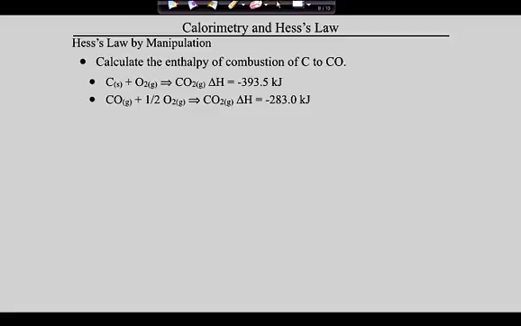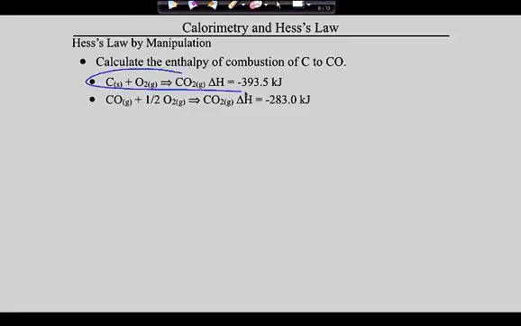So guys, let me ask you a question. If you were presented something like this on the AP test, how would you know that you can't do this? How would you know you can't solve this question using the equation that we just saw that says products minus reactants? Here's how you know.